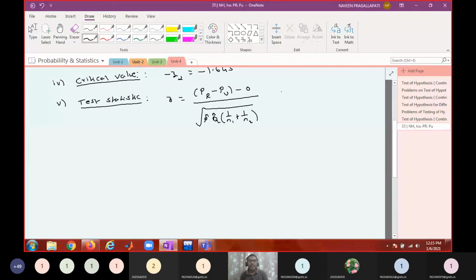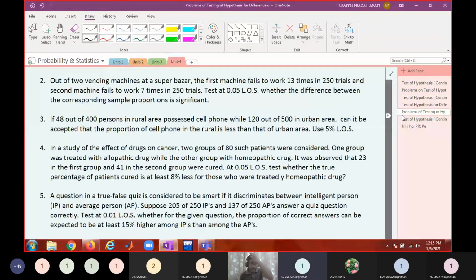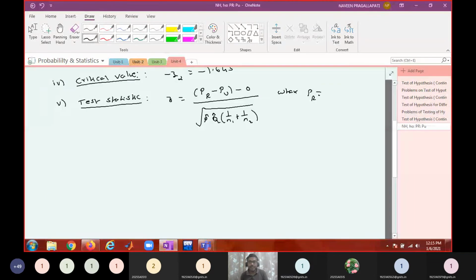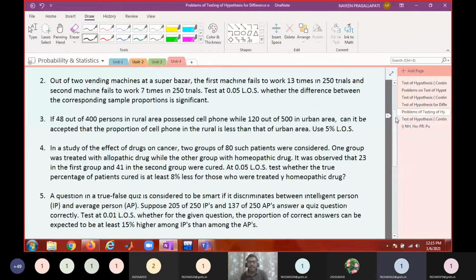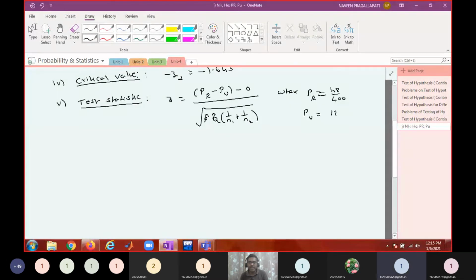Okay, so where PR is equal to how much? 48 by 400. And PU is 120 by 500.